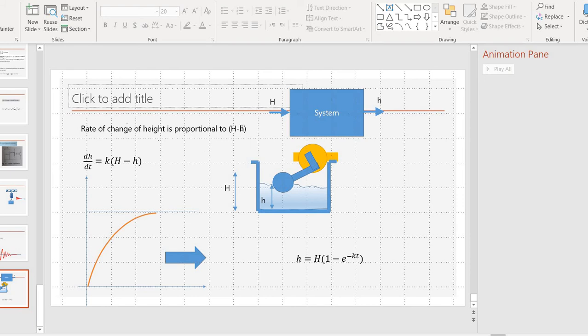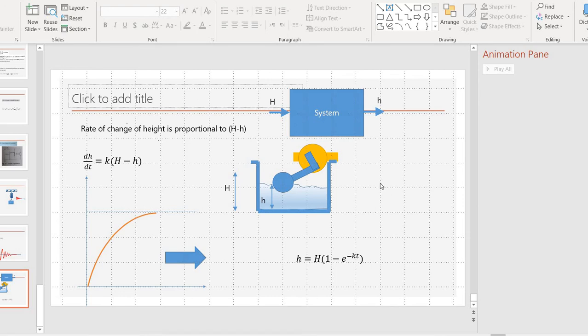So how do we write that mathematically? We will have a constant between them, and then the rate of change of something is the derivative of that over time. So the derivative of small h over t will be proportional to H minus h, and then there will be this constant between them.